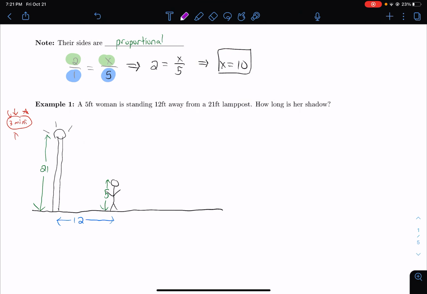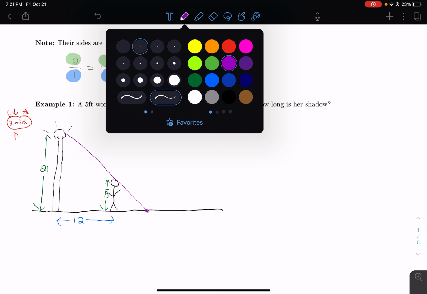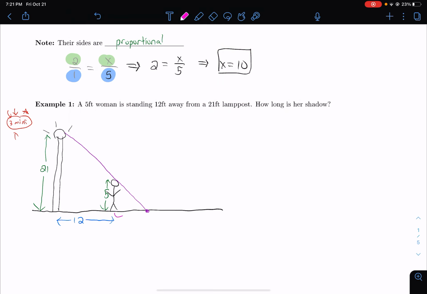Her shadow is determined by where the light grazes the tip of her head. Everything before this point on the ground is where her shadow is. We don't know how long that is, so I'll assign a variable to it, like x.